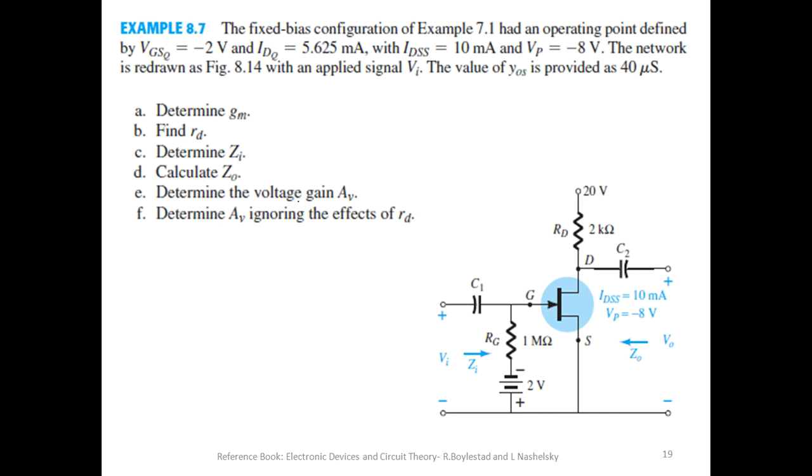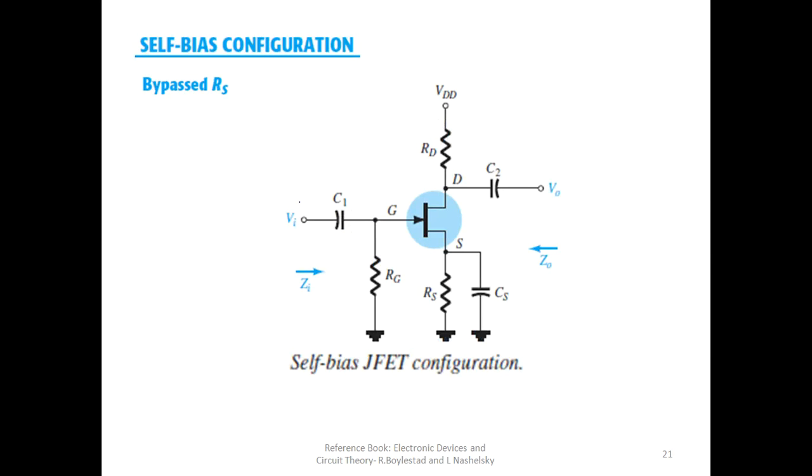Today let us quickly discuss two more configurations which we had already studied with respect to DC analysis, the self-bias configuration. In self-bias configuration, we have two subparts. One is by bypassing the source resistance, and in the second case we will not bypass RS, we will include its effect.